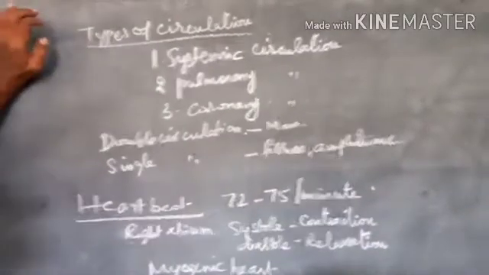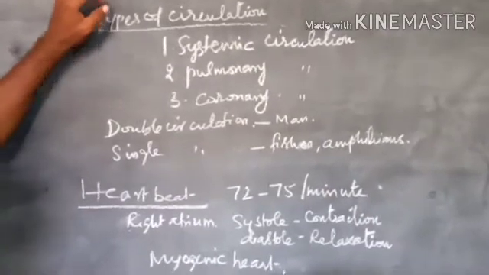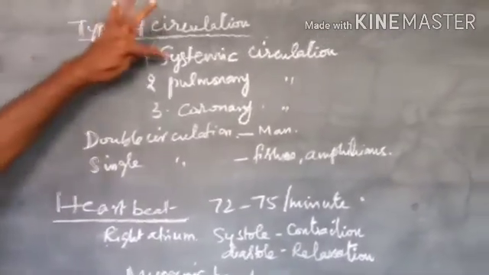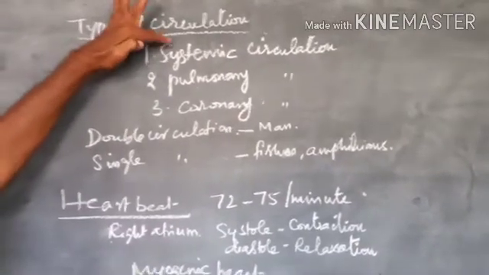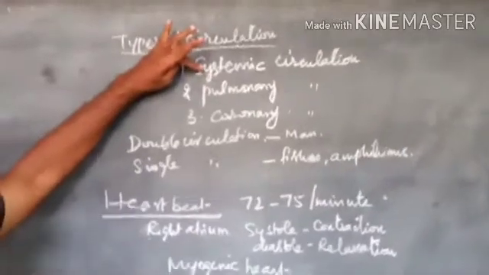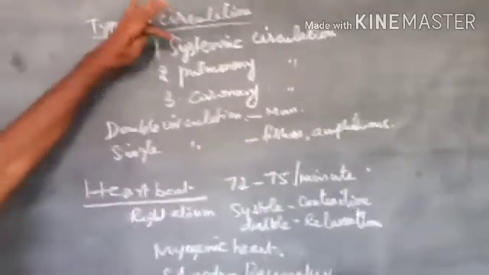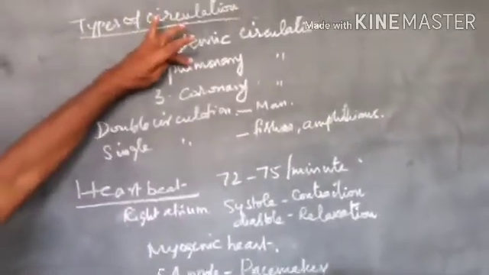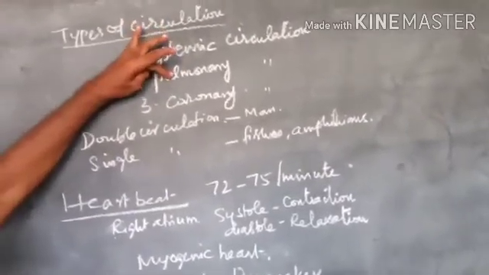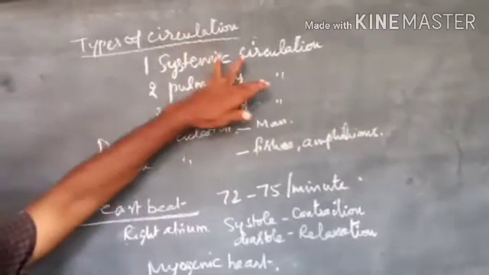Now oxygenated and deoxygenated blood circulation. The circulation of oxygenated blood from the left auricle and left ventricle is called systemic circulation. The circulation between the right auricle and right ventricle, that is deoxygenated blood, is called pulmonary circulation.